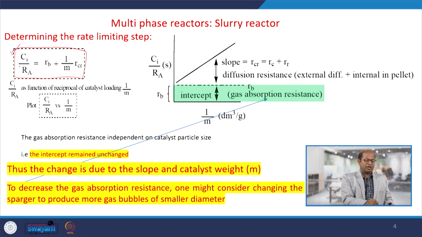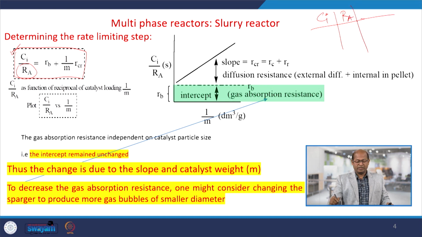If we know the interface concentration and the rate of reaction, then from the experimental data we have Ci by Ra for the reaction, and the corresponding mass of the catalyst, 1 by m, we also know. Let us say we conduct an experiment with a particular initial concentration of the reactants, in runs 1, 2, 3.